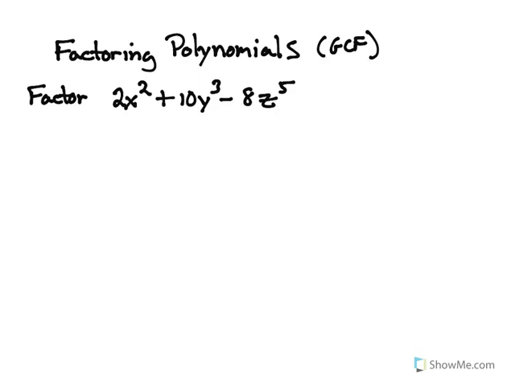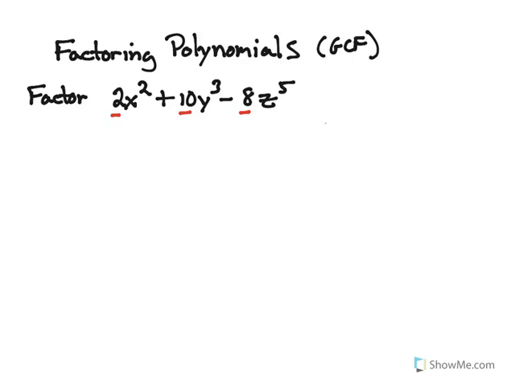It has 3 terms, and we want to look at the coefficients. The coefficients 2, 10, and 8 is what we want to look at, and we want to find the largest number that goes into 2, 10, and 8. Remember in the previous video, I showed you how to do that.